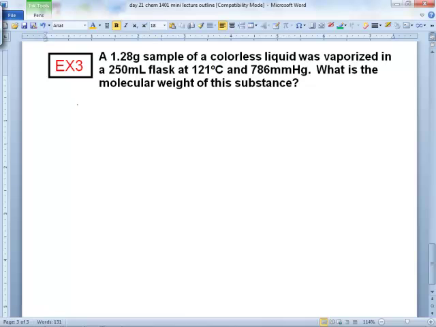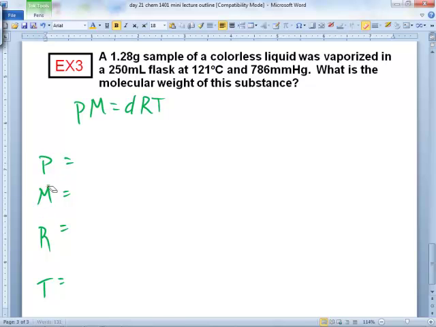I think everyone pretty much agrees, because they're after molecular weight, that means P, M, R, T. Oh, what am I doing? They were after the M, right? This should be a D. The M is what we're trying to find. Does everybody agree? And we should know P, D, R, and T. The problem is which one? Density.